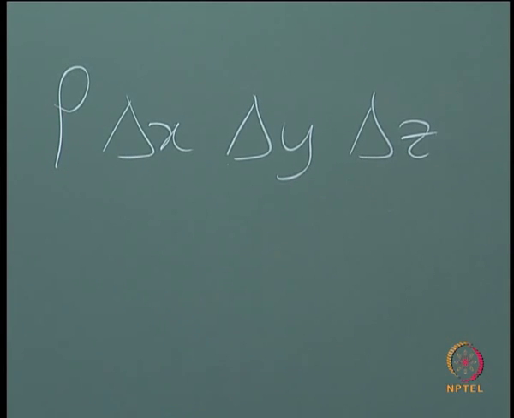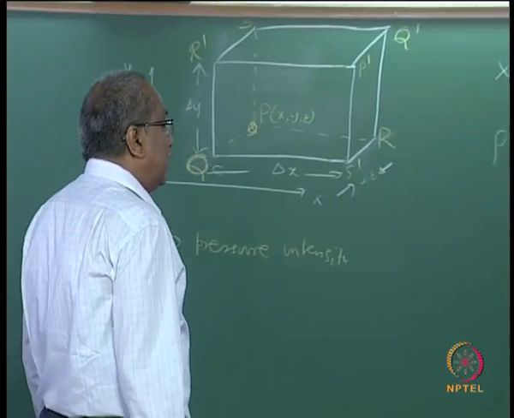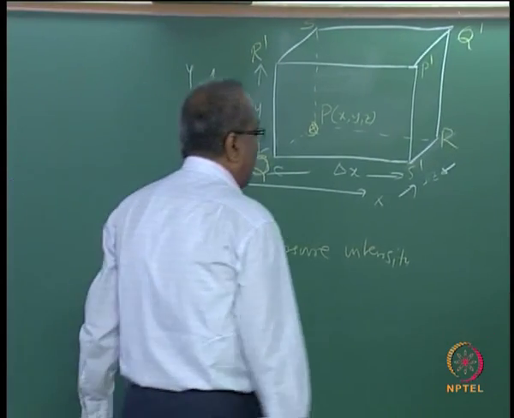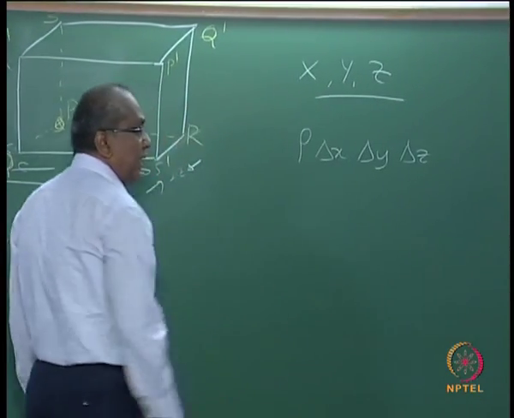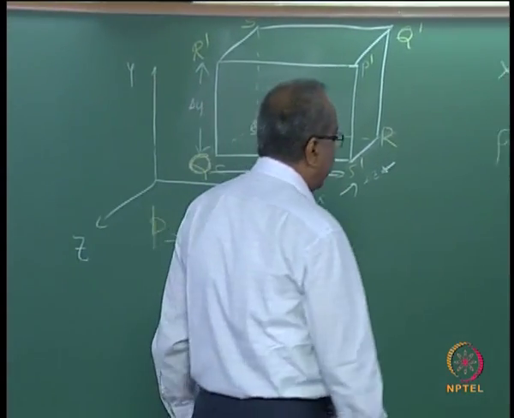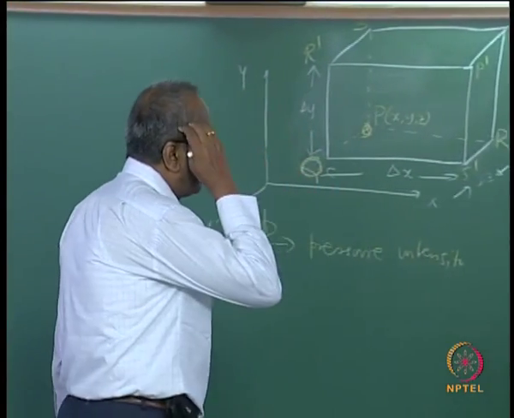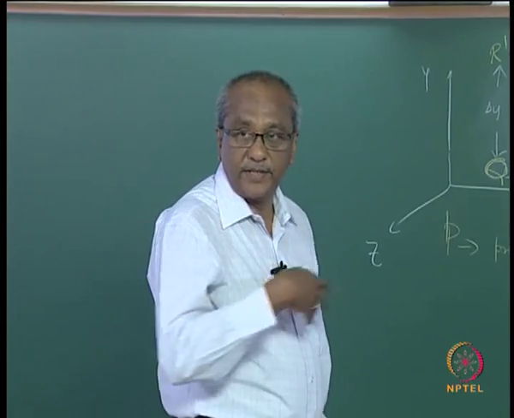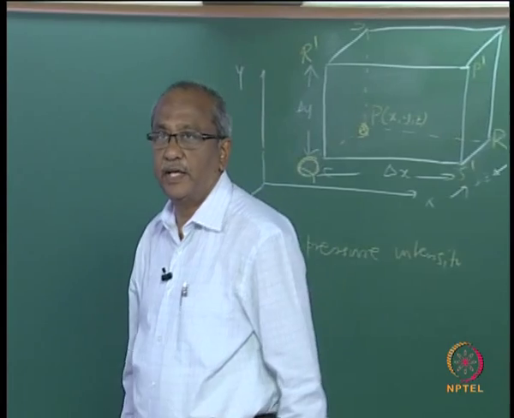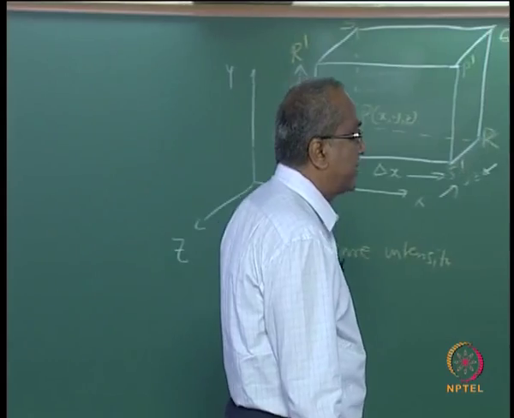Then the total component of the body force in the x direction would be X into the mass, that will be the total component of the body force acting in the x direction. Similarly, you have in the y direction as well as z direction, and P, as I said earlier, is the pressure intensity at point P.